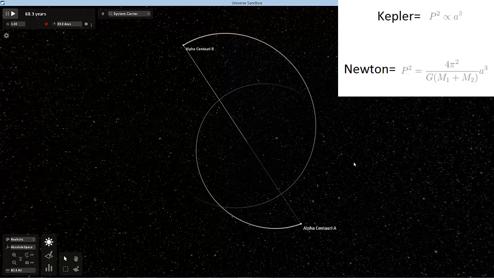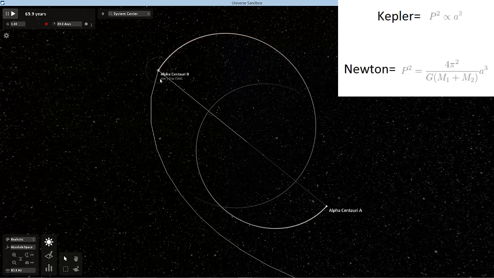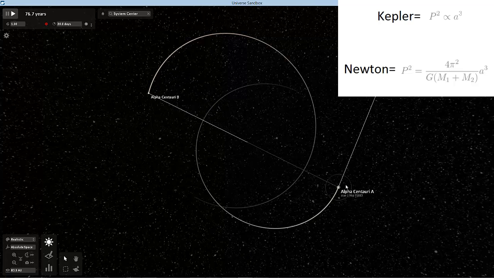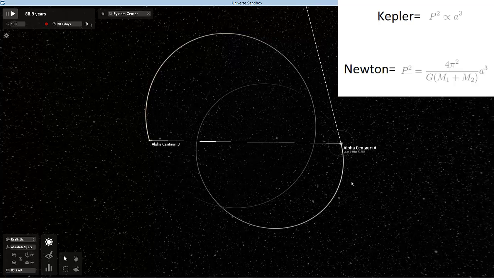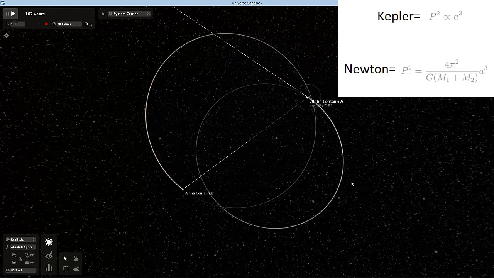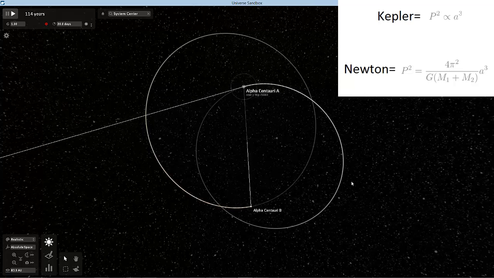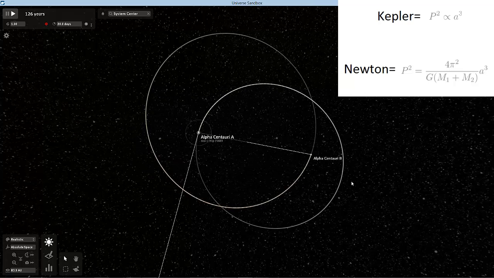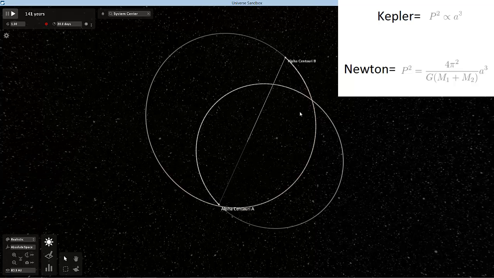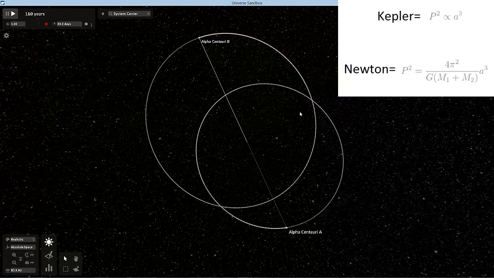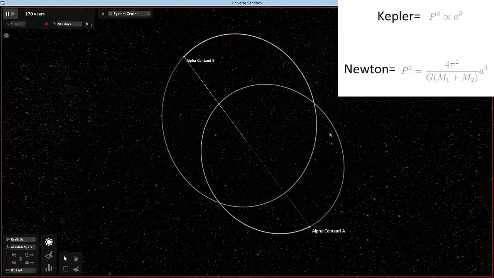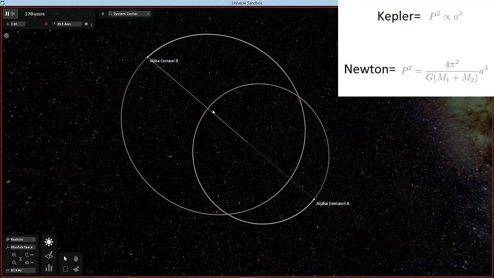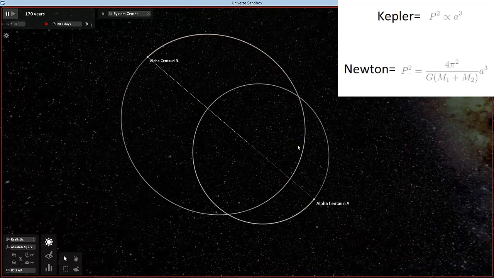To put it simply, one could be little m, the other one could be big M. It doesn't matter, and you may notice from the mathematical formula that I should have up on the screen, there's a little m and a big M, and that's what it implies: one star or planet or whatever it may be is little m and the other one is big M. And one thing you should be noticing now is that we have a bigger circle and a little circle.